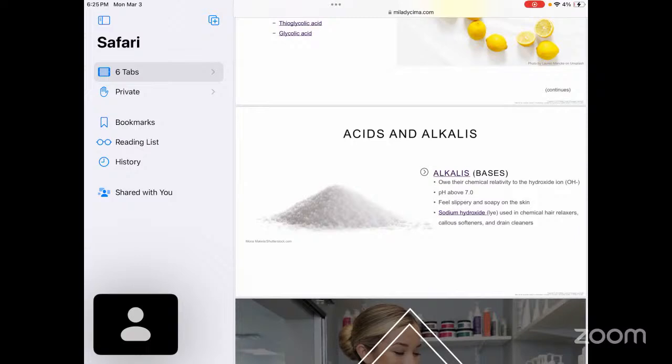Sodium hydroxide is another word for lye. Think about lye relaxers used in chemical hair relaxers, callus removers, and drain cleaners. Now, when you think about drain cleaners, shoot, can we use it on our face? In fact, a lot of cold pressed soaps are made from drain cleaners. You mix the drain cleaner in with the base of the soap, the oils.